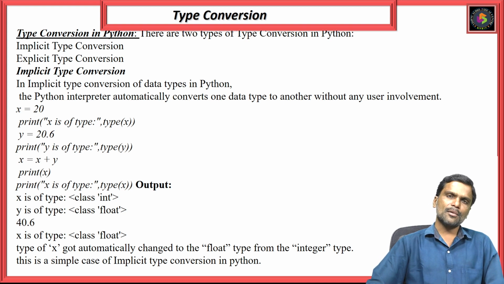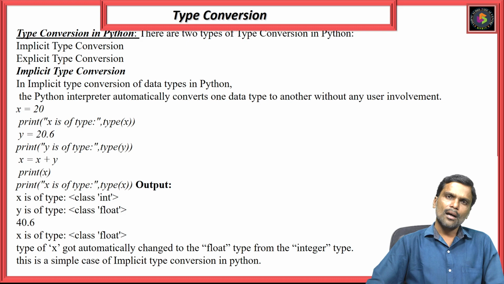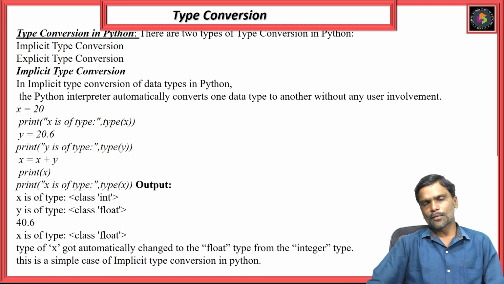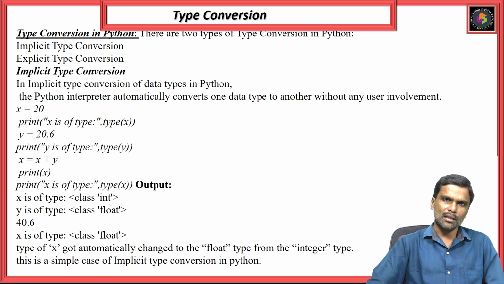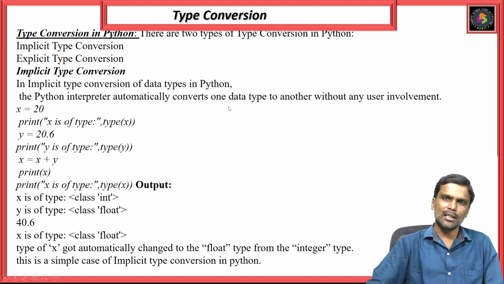For example, those who have already learned the C language, taking C programming, any integer can be converted to float, and float can be converted to integer. When you convert manually based on the user requirement, that is called explicit type conversion.